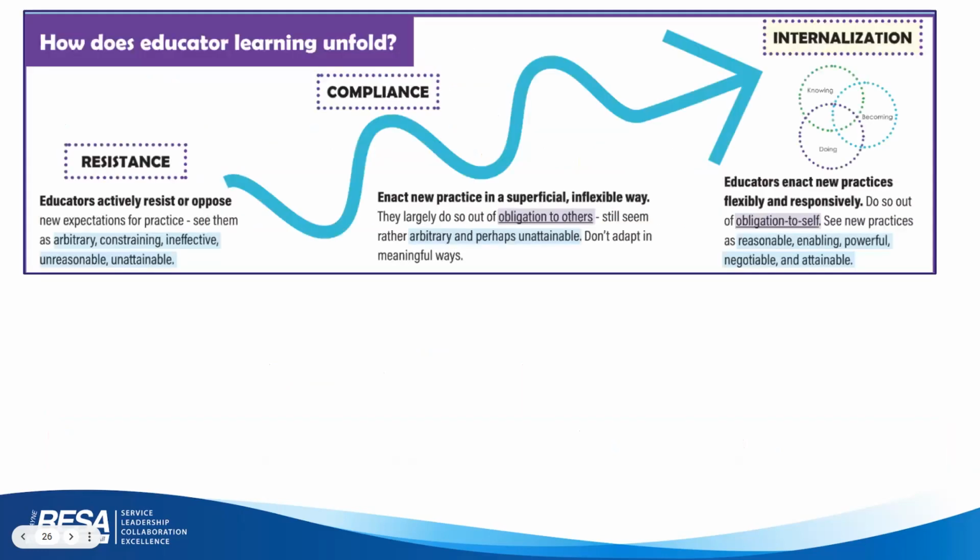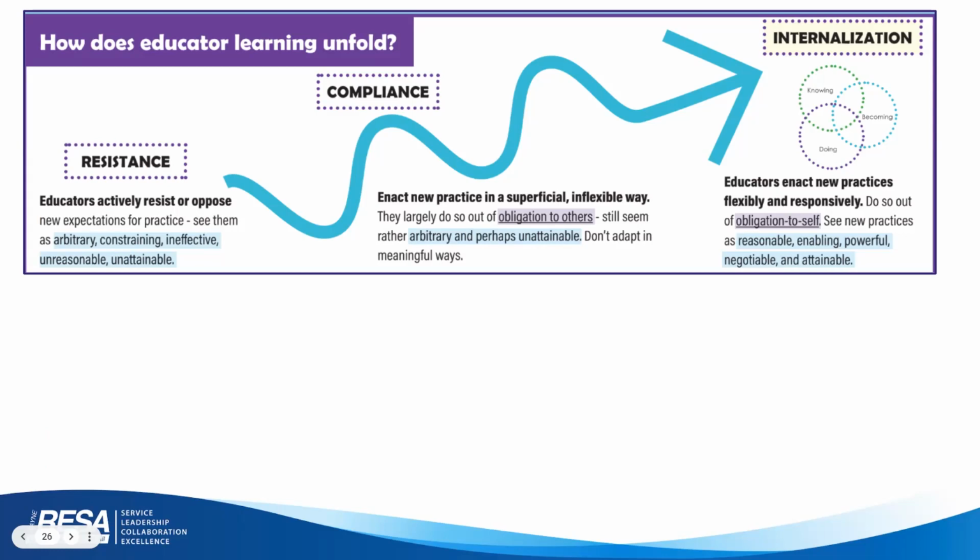Okay. And so we're just going to switch over to thinking about what we can do at the school level in order to support educators. And so this document is also coming from the early math work. We have Dr. Allison Resnick, who is working with us to think about the trajectory that teachers find themselves on when they move from resistance toward compliance, which is really doing something out of an obligation to others, and then eventually doing this because they have an obligation to themselves.